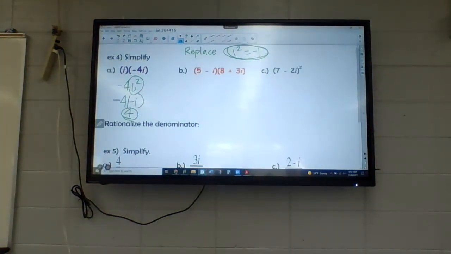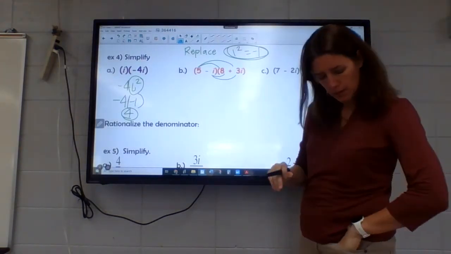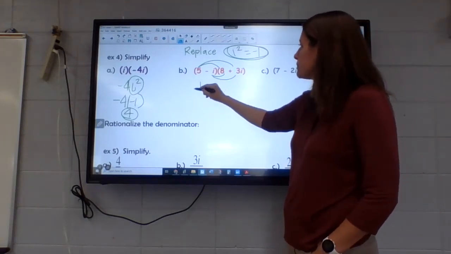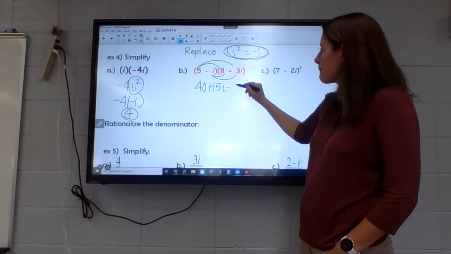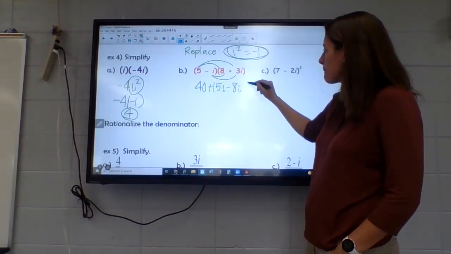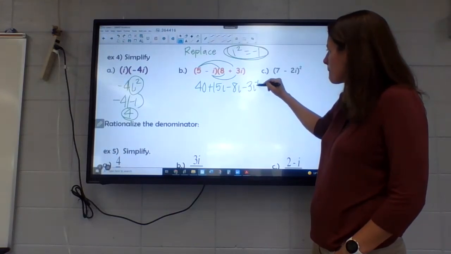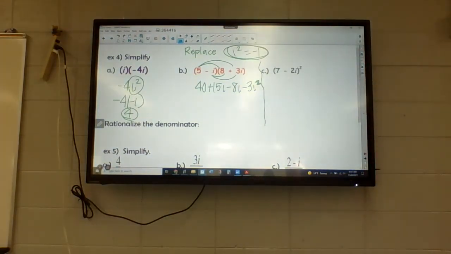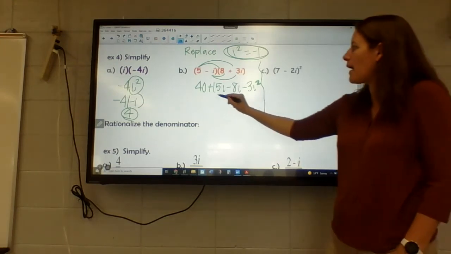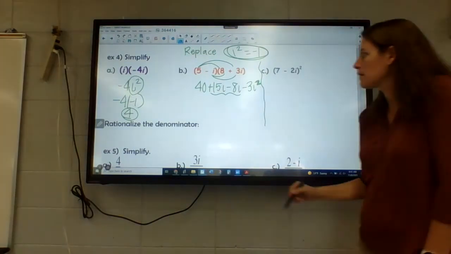This next one we need to FOIL. We have some like terms we can combine, so that 15 minus 8.